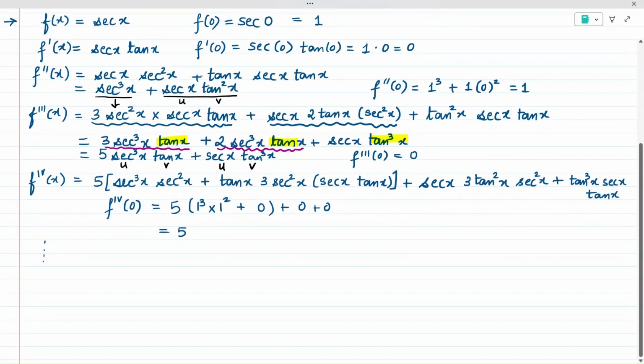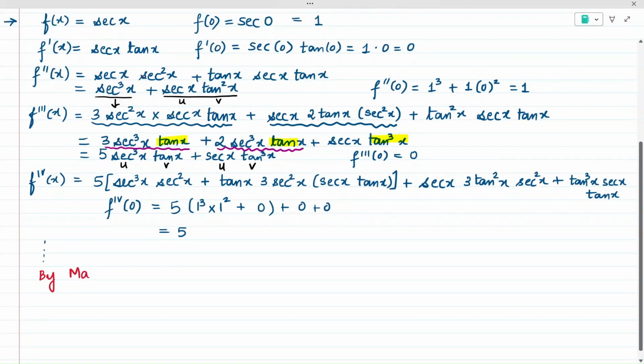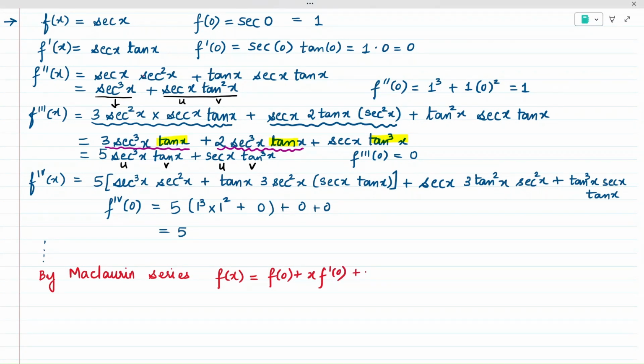And we'll apply Maclaurin series now. So we'll write by Maclaurin series, f of x is f of 0, x f dash of 0, x square by 2 factorial f double dash of 0, x cube by 3 factorial f triple dash of 0, x raised to 4 upon 4 factorial f fourth derivative at 0 and so on.